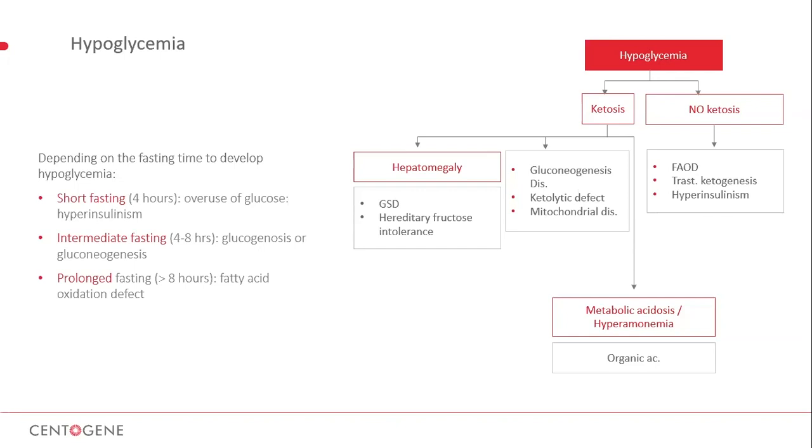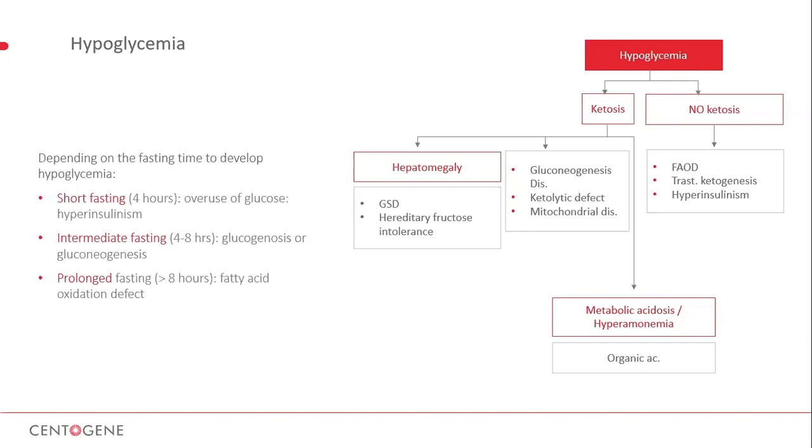But all the other causes of hypoglycemia that are not affecting the production of ketones should be followed by ketosis. Also, depending on the fasting time that hypoglycemia takes to develop, we can have some clues about the probable etiology of the disorder.